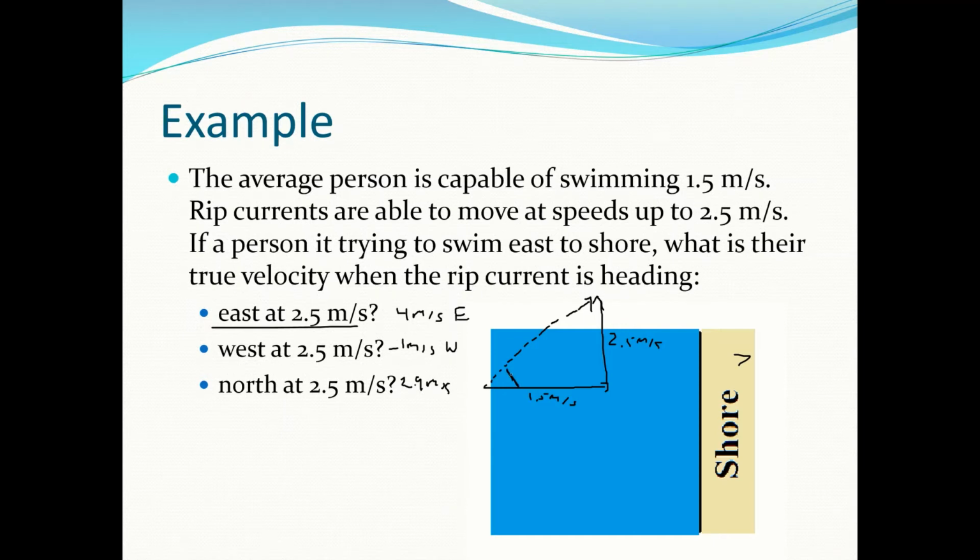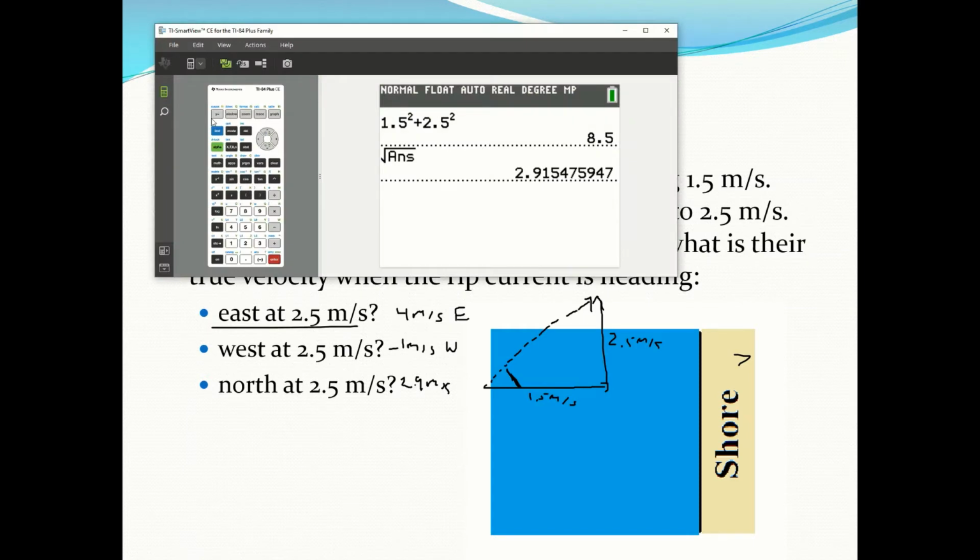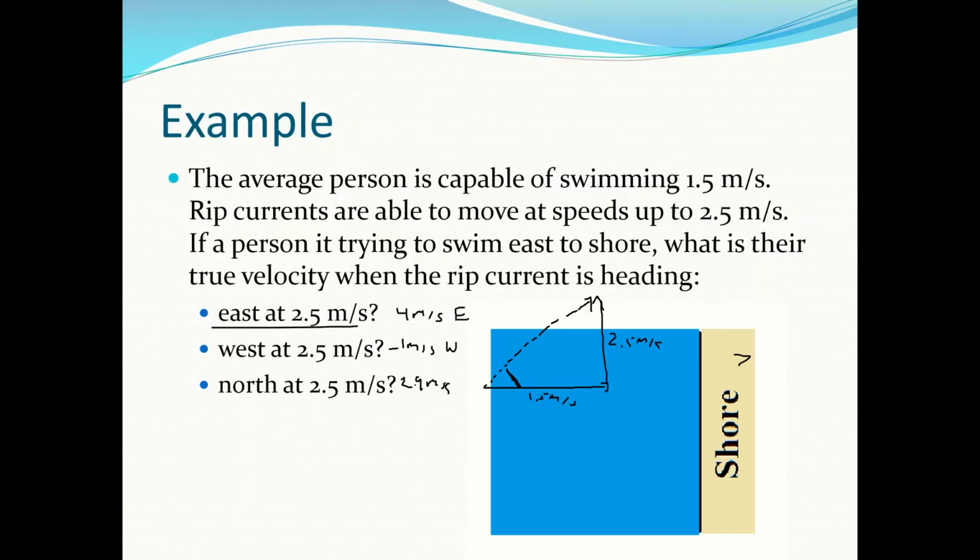And we also need an angle, so this is opposite and adjacent, so we can tan^-1 of opposite over adjacent, and we end up getting 59 degrees, sorry about that, and this is northeast, so we're not going directly east, we're going north of east. So 59 degrees north of east.